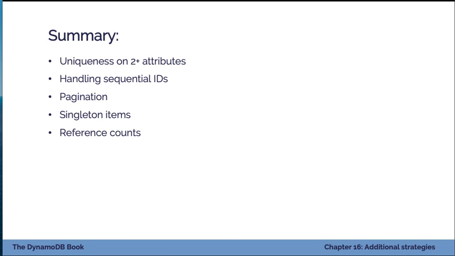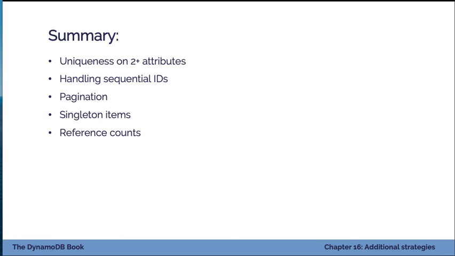Third, we talked about pagination and passing back hints to your API to indicate where you left off. Fourth, we talked about using singleton items. And then fifth, we looked at using reference counts to store the number of related items for a particular parent item. That concludes our section on strategies, where we looked at a lot of different patterns that you're going to be using in your DynamoDB data models and how to think about those.